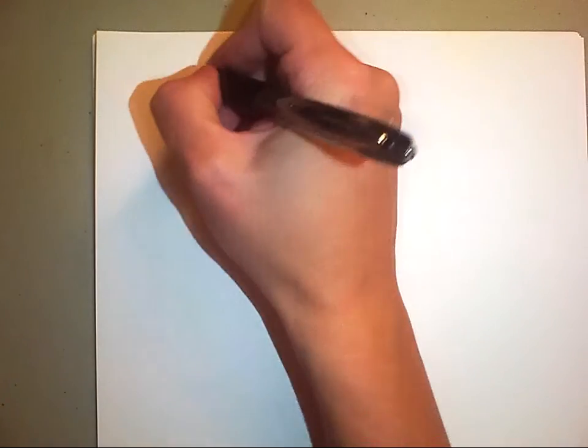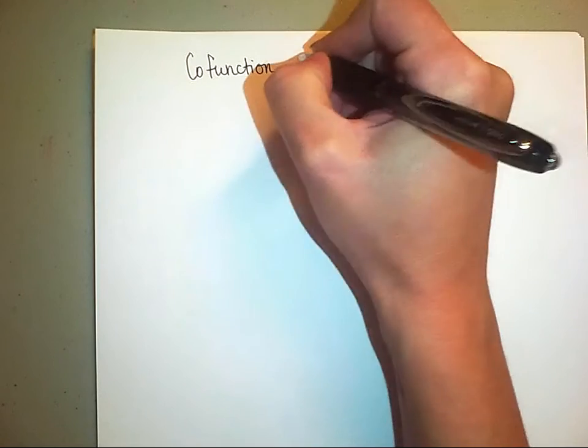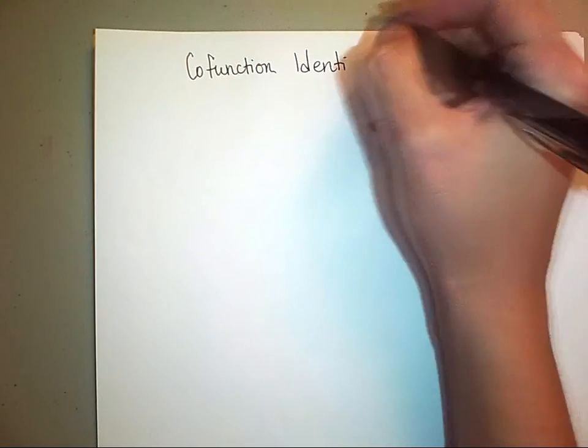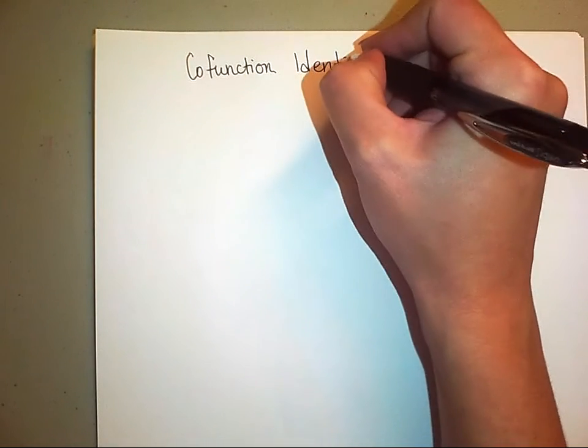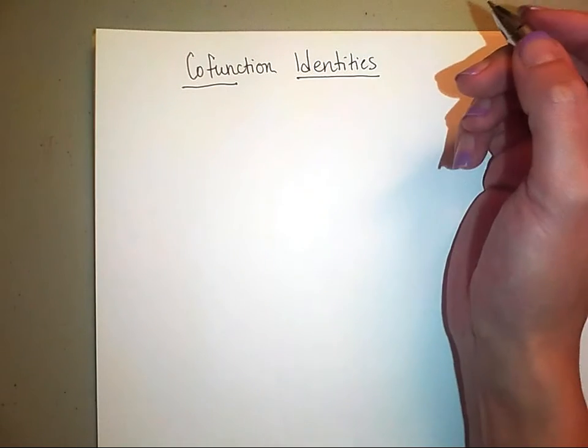Alright, let's do the co-function identities. Remember that co-functions of complementary angles are equal. So how would that look for us?